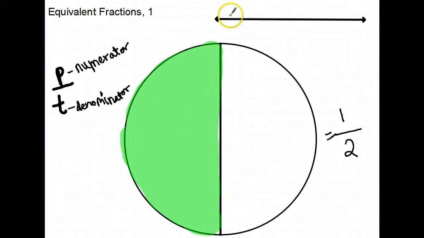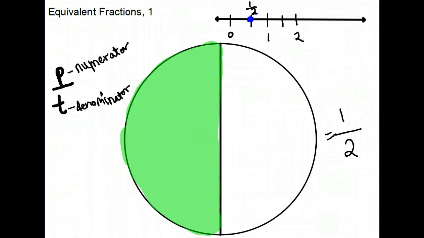On this number line, if we start at 0 here, and let's just move over, this is 1, and we'll say this is 2, then I can say that each tick mark, each value, is equal to 1/2. So if we were to plot the point where this pie is, we could say it is right here at 1/2.